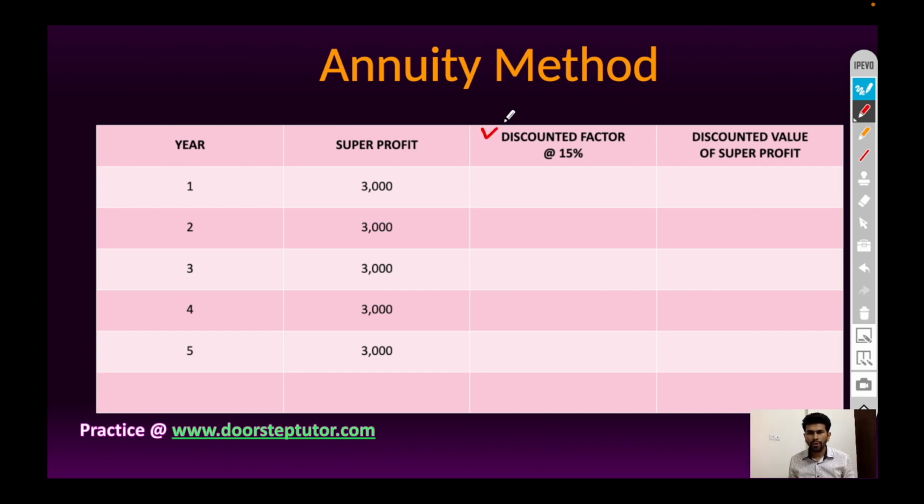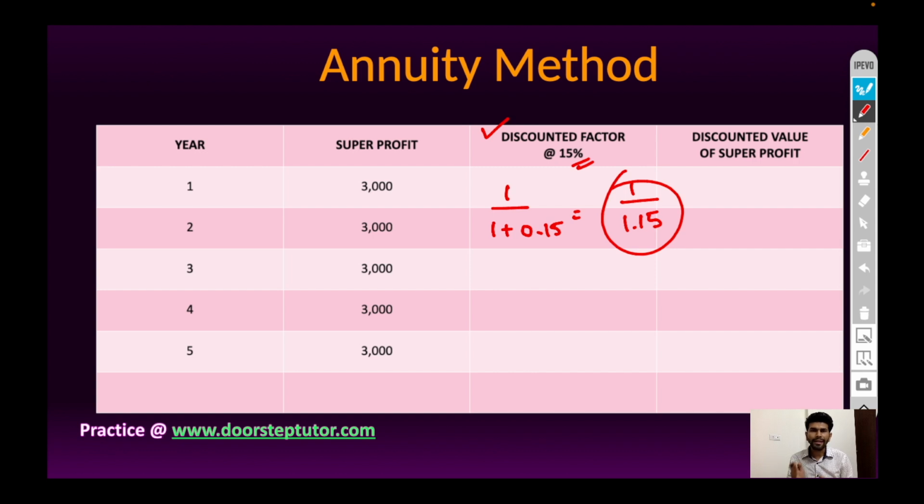So now to get discounted factor at the rate 15% for each year, on the calculator we have to calculate 1 divided by 1 plus discounted factor, that is 15%, 0.15, that is 1 divided by 1.15 for the first year.